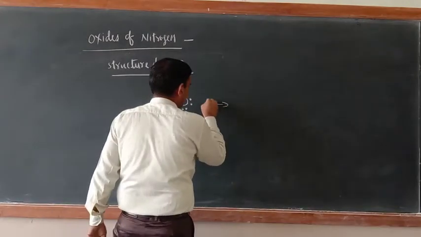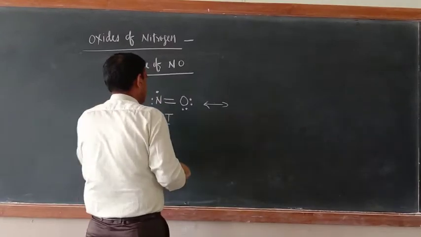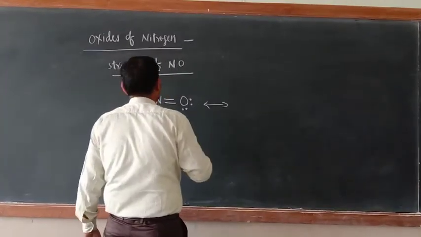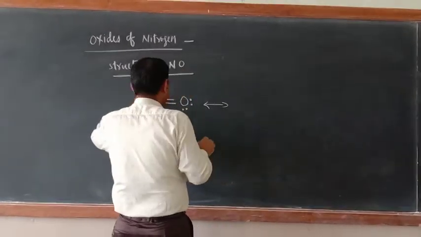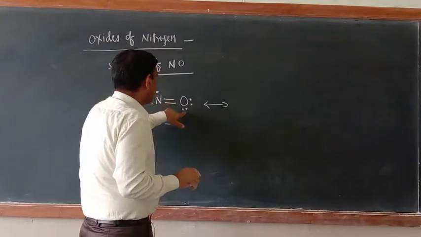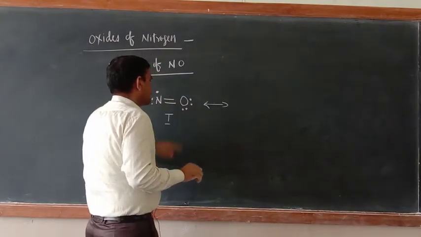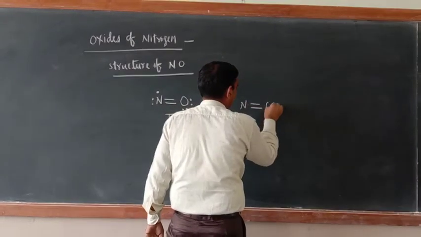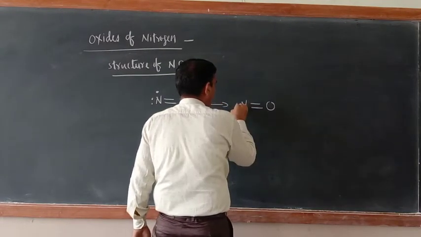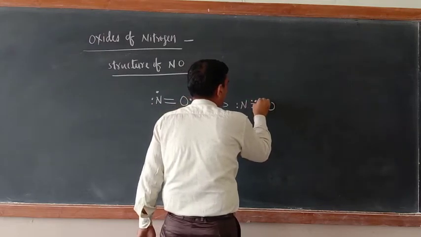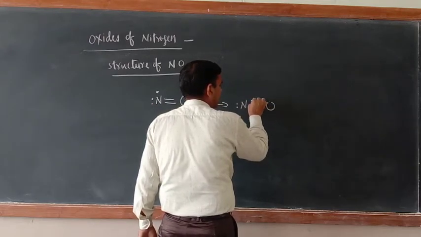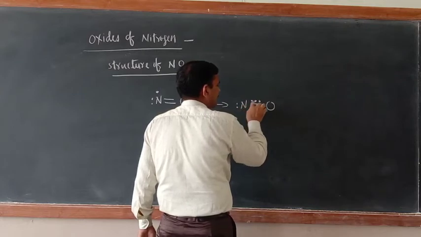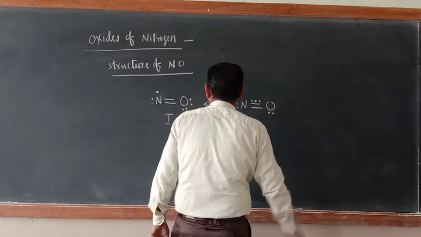Now a second structure is also possible. What is that second structure? Just do one thing. Now this one nitrogen electron and 2 electrons of oxygen should be written like that, and double bond O. Now here let it be 2 electrons. Now 1, 2, 3 electrons. Out of 3 electrons, 1 electron belongs to the nitrogen and 2 electrons belong to the oxygen.